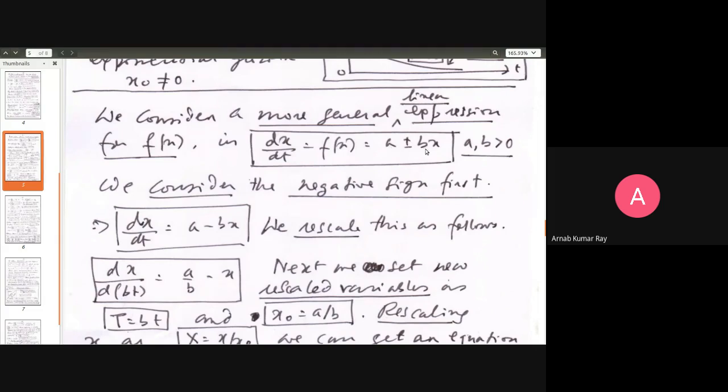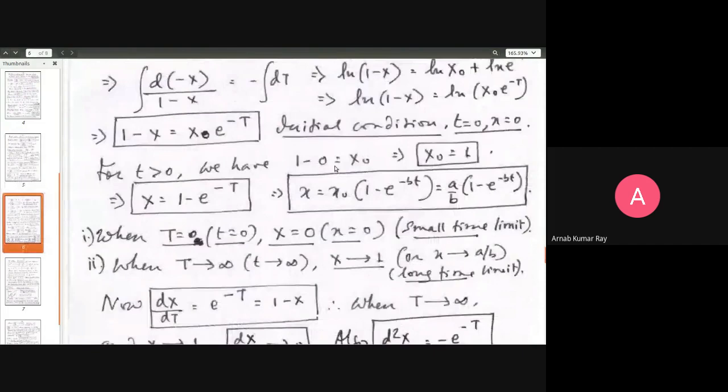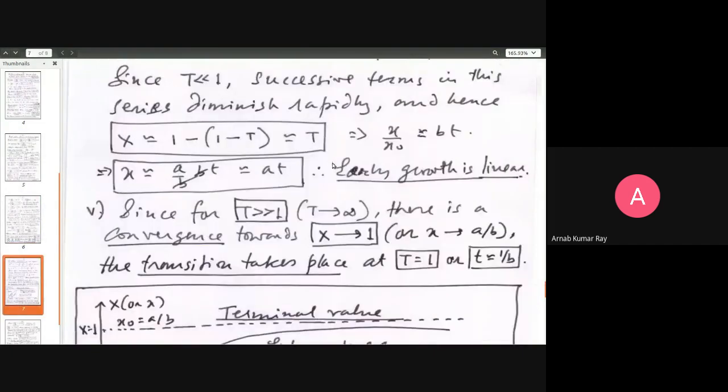In the early stages, when x is very small, just see this equation, you can immediately figure out that the early growth would be linear. If x is very small, and a and b are moderately valued quantities, you can neglect bx against a. So dx/dt is approximately equal to a. What's the integral solution of that? dx/dt is approximately equal to a, and therefore x is equal to at. And that is what you have found. Early growth is linear. x is equal to at.